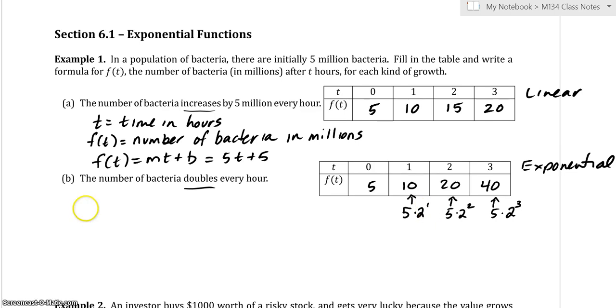If I think of the formula for that, our f of t is going to be 5 times 2 to the t, it looks like. Notice when this is a 1, the exponent is a 1. When this is a 2, the exponent is a 2. The exponent is changing. You can check it. Plug in a 1, plug in a 2, even plug in a 0. Let's check that: 5 times 2 to the 0. We know 2 to the 0 is 1, so it does work.